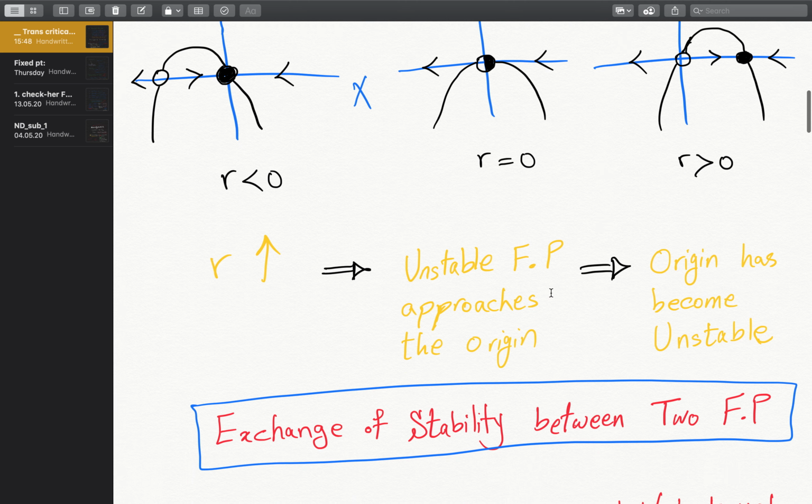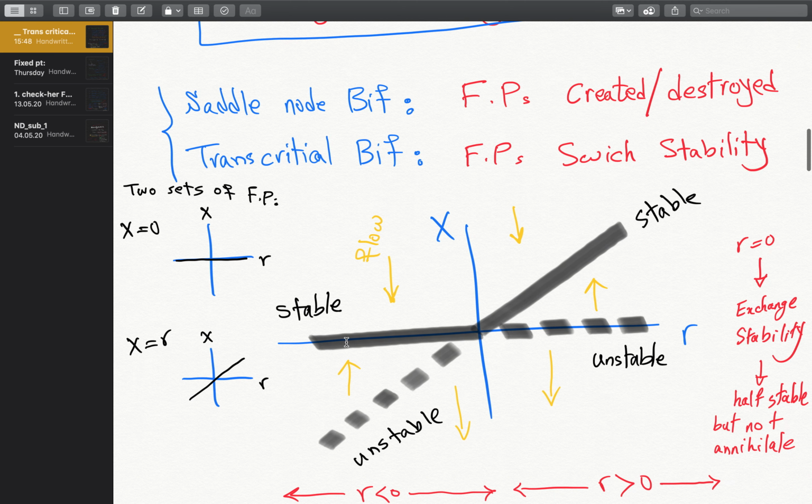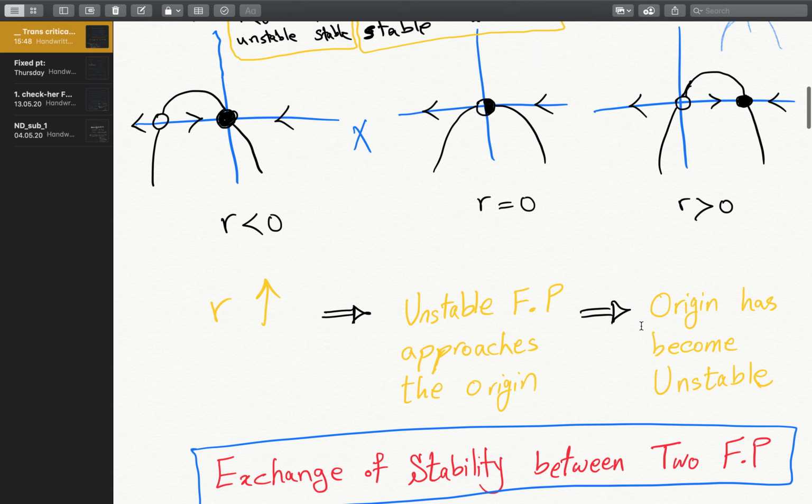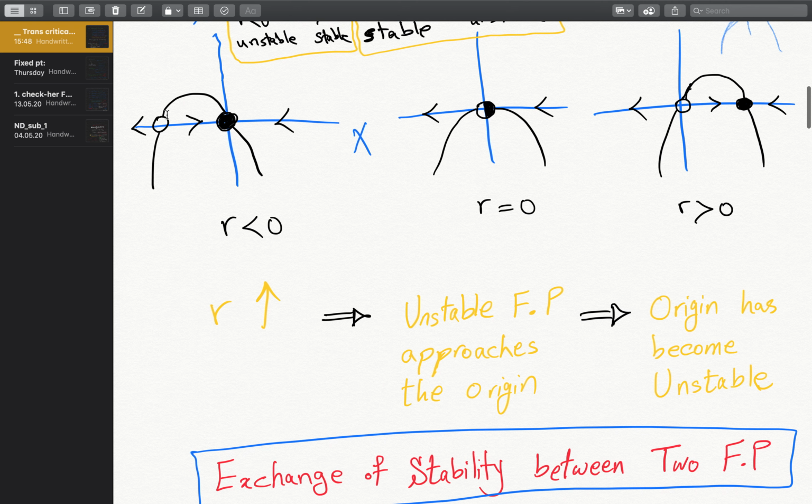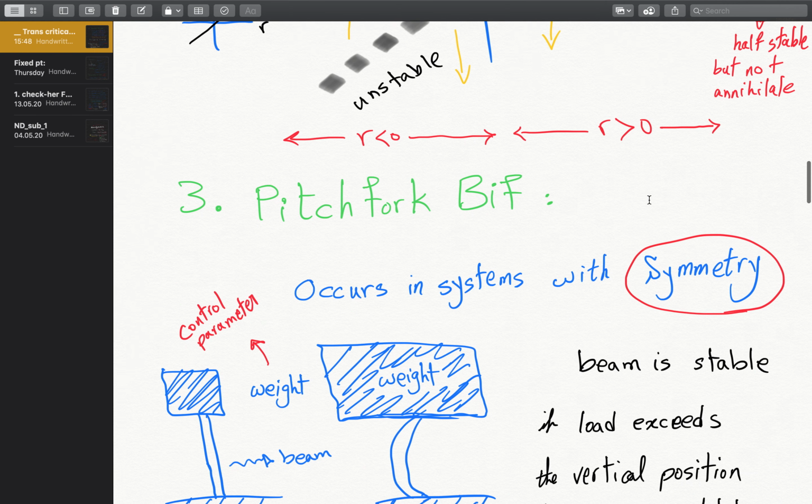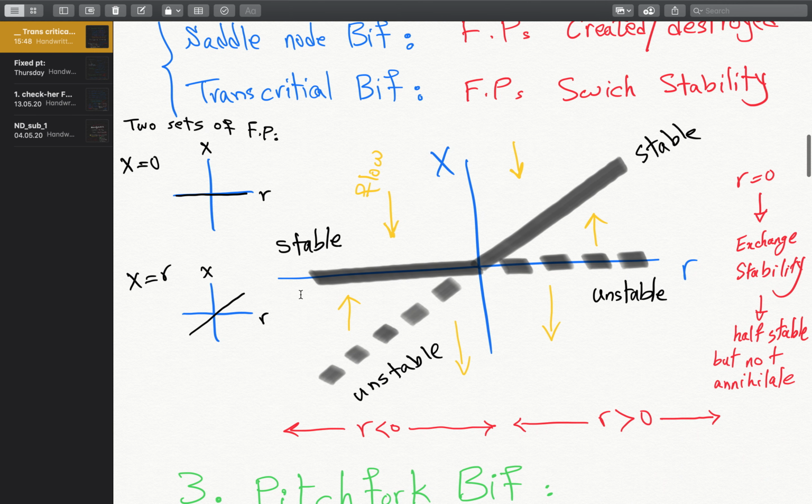So the family of fixed points are changing their stability. And here again you can see that the other fixed point, which for negative r was unstable, is going to be stable for positive r by increasing r.